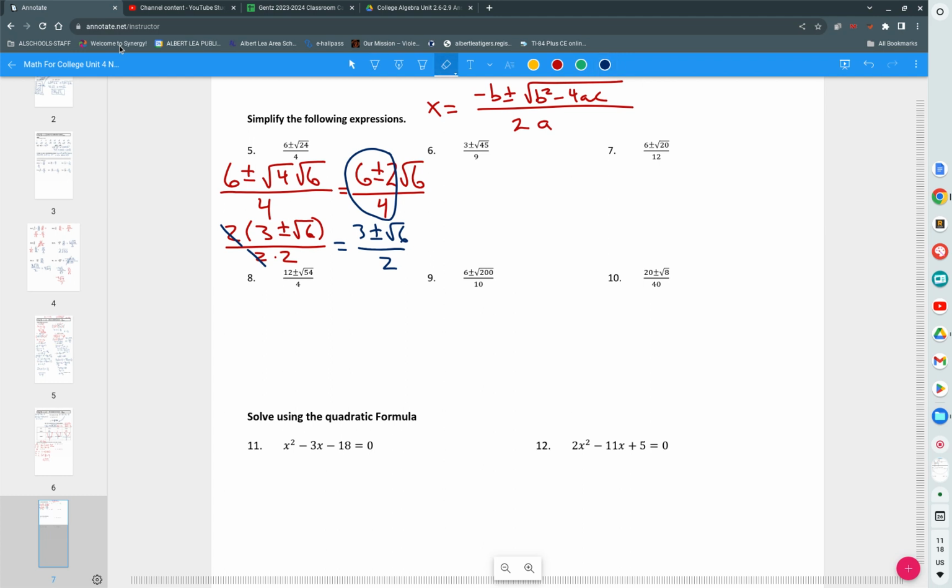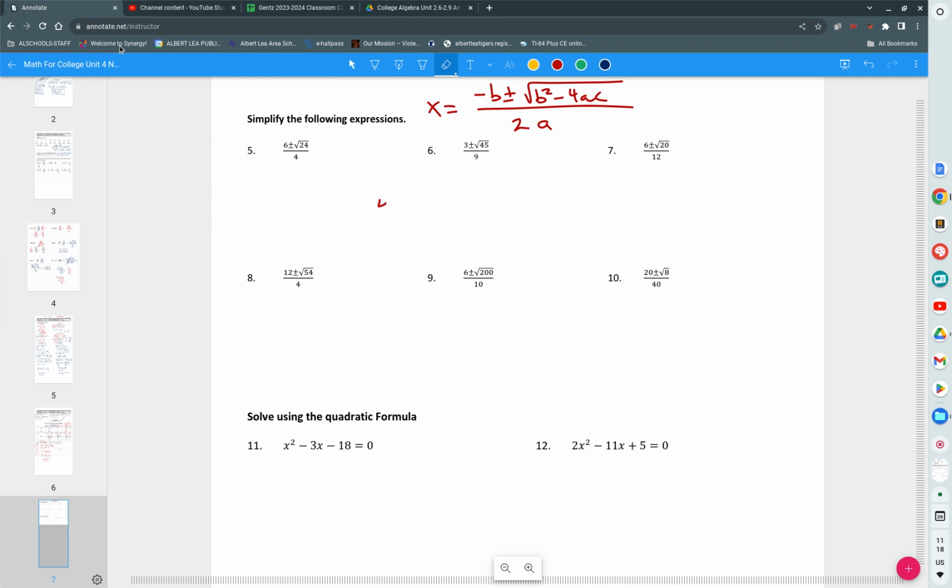Okay, what is the perfect square that divides evenly into 45? I got 9 and I've got 5. So I have 3 plus or minus the root of 9 times the root of 5 all over 9. Okay, what is the square root of 9?